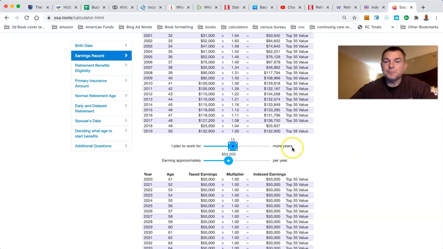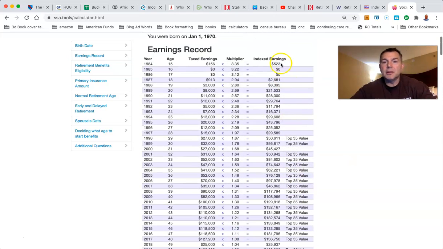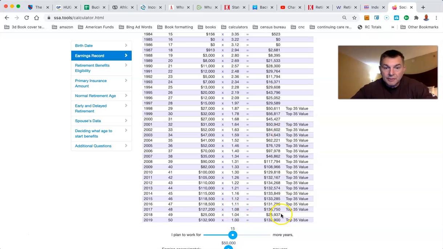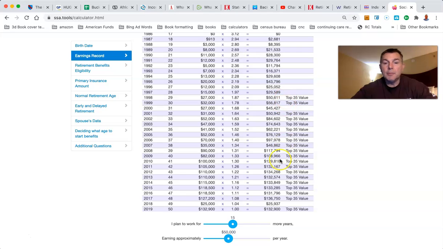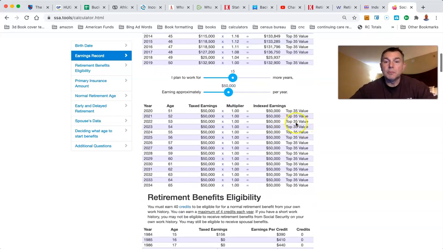Now check this out. You can see my top 35, that's changed. The zeros are gone. The amount of money I made in 1999 is gone. The amount of money I made in 2018 is gone. So my top 35, because I was making $50,000 a year, I've replaced a good amount of my income from the previous years with this right here.